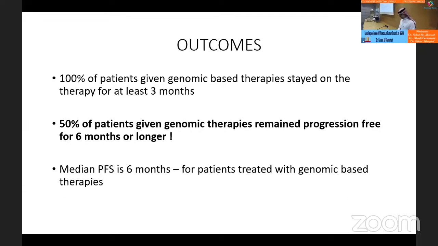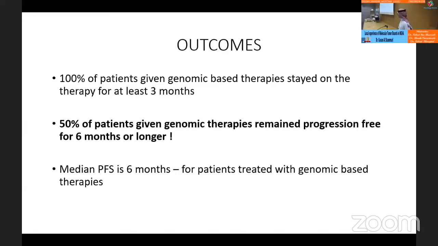Now, the outcomes of our molecular tumor board, and to be honest, this is what I'm proud of. If you look at the second statement, 50% of our patients who were given genomic therapies remained progression-free for 6 months at least or above, giving a median progression-free survival for our molecularly targeted patients, who are presented in our molecular tumor board and are chemorefractory patients.